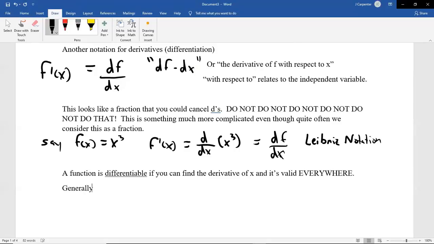Generally, a function is not differentiable at a point if it is not continuous. Some people would say discontinuous. Or if it is not smooth.